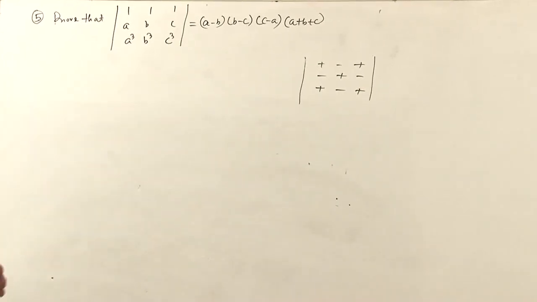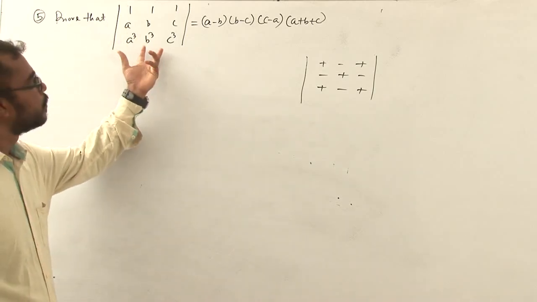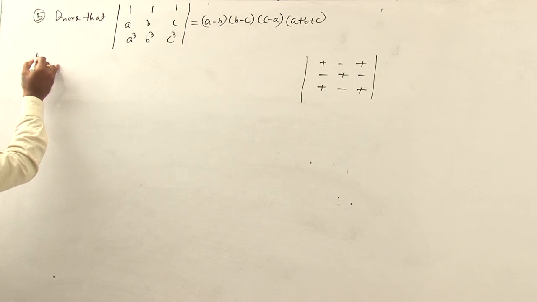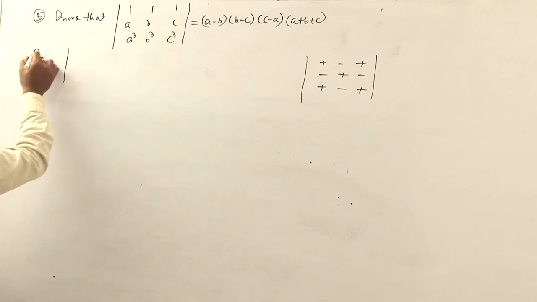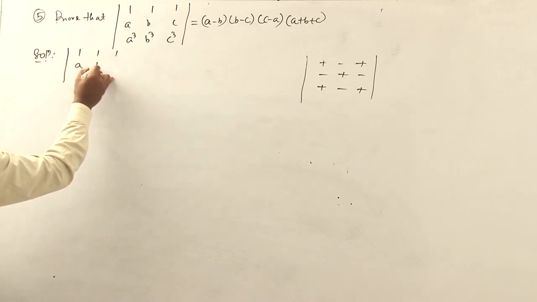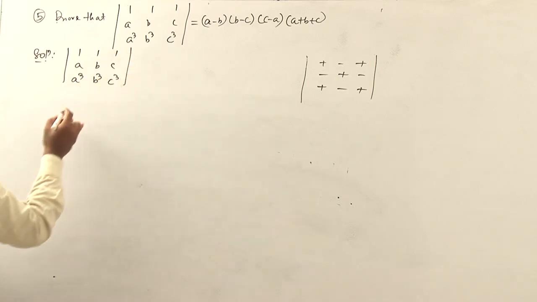So how to prove this determinant is equal to this? Here is the solution. 1 1 1, A B C, A cube B cube C cube.